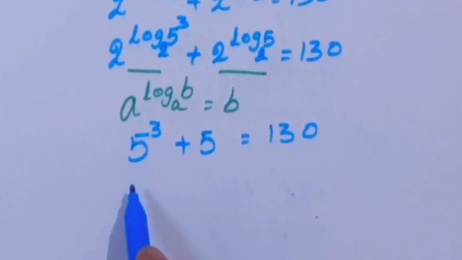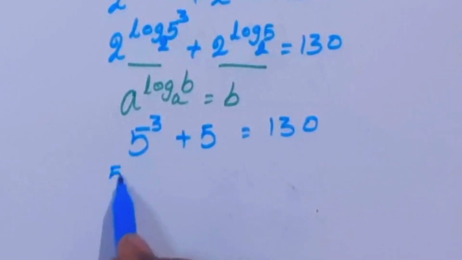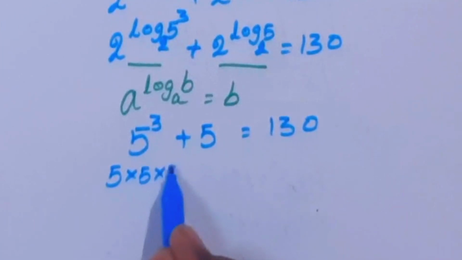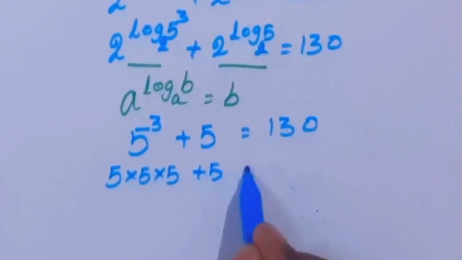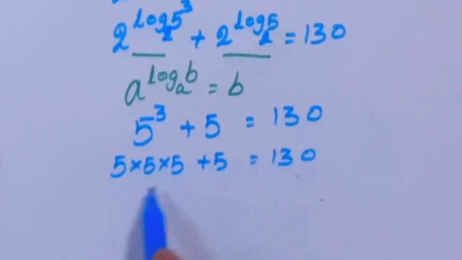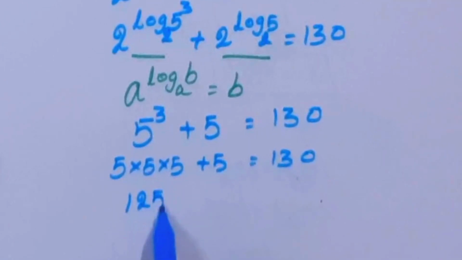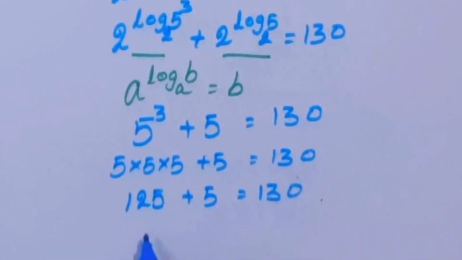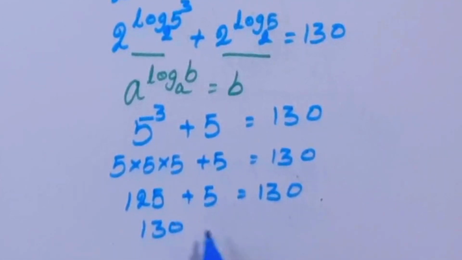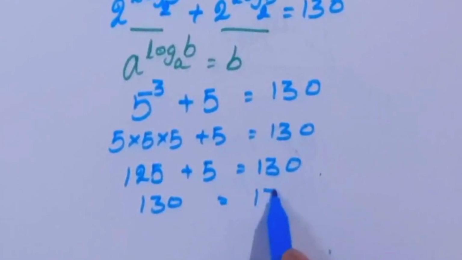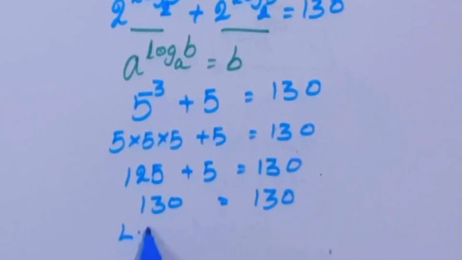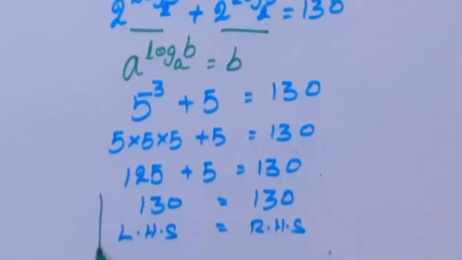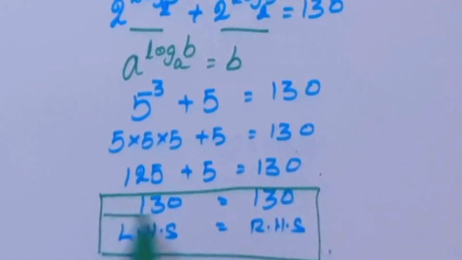This 5 power 3 is 125, plus 5 equal to 130. Now 130 equal to 130. So LHS equal to RHS. Thus verified. This is the solution.